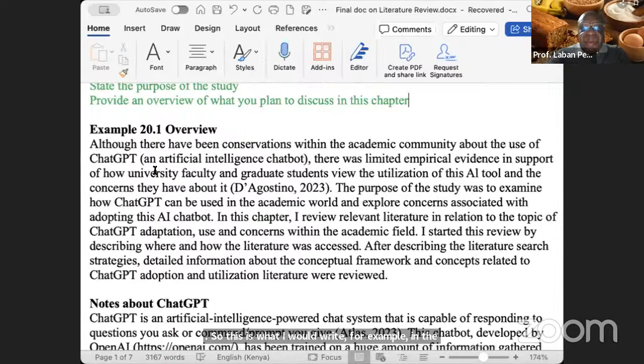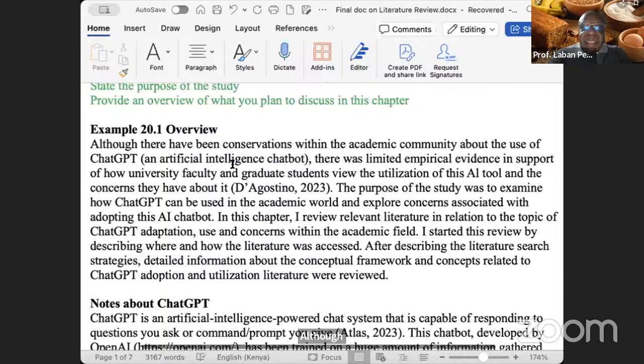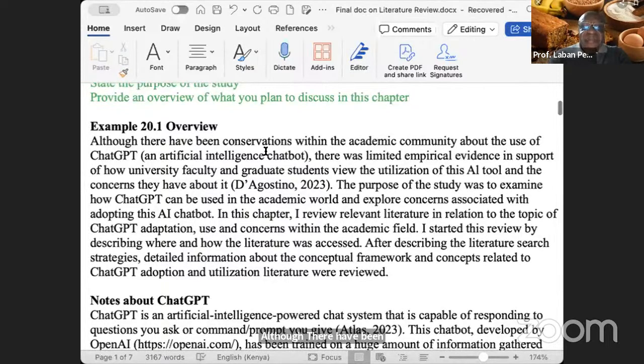Although there have been conversations within the academic community about the use of ChatGPT, an artificial intelligence chatbot, there was limited empirical evidence in support of how university faculty and graduate students view the utilization of this artificial intelligence tool and the concerns they have about it. I'm quoting Agostino, 2023.